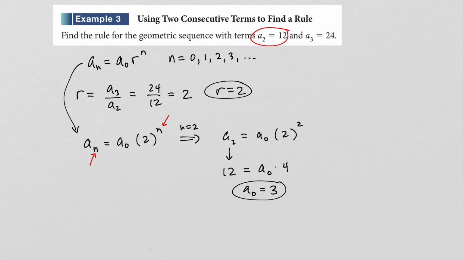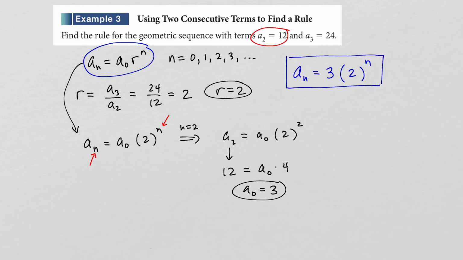Okay? So we now have A naught and we have r. And so the formula for the nth term we can say is A_n equals A naught, which is 3, multiplied by r, which is 2, to the n power. And you can write it like this, but you can also write this as 3 with a dot times 2 to the nth power.